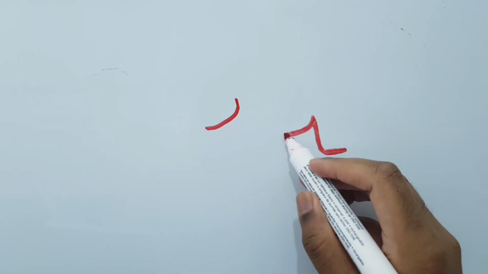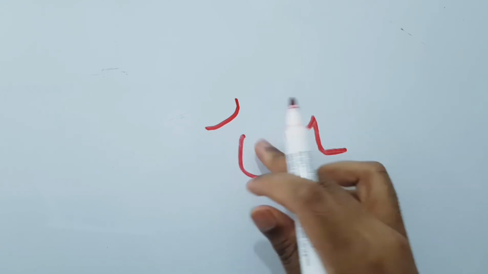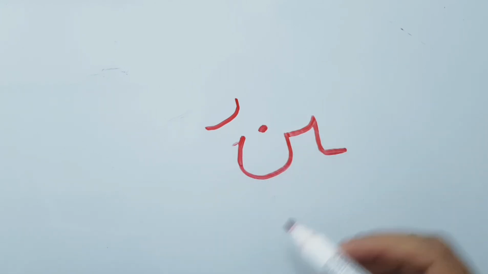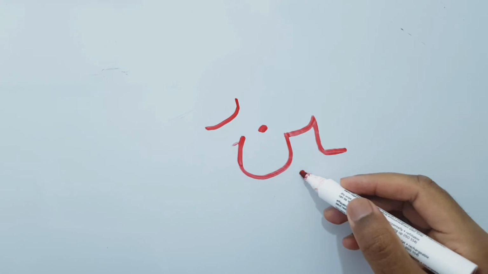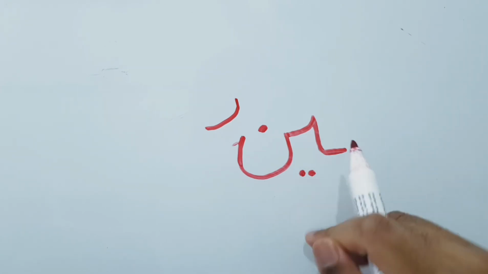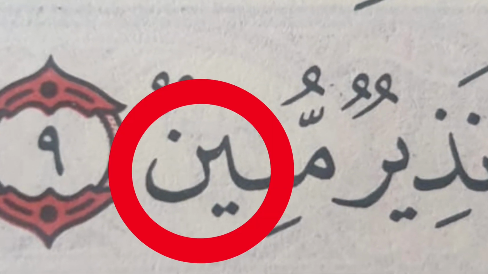So if we was to do noon at the end, we'll do like this. And it stops there. This could be ya, noon, ba, any of the huruf al-khamsa, but usually you'll find that it's ya. Most of the time you find that it's ya, but it could be any of the huruf al-khamsa. So this is when it comes with noon or ra.